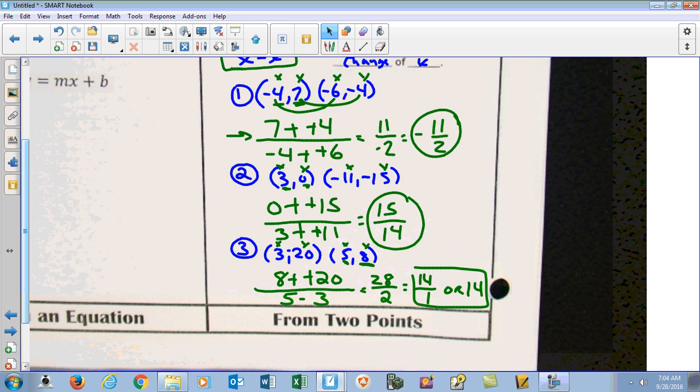Now, I did want to talk about one thing from yesterday because some questions came up when we were trying to find the slope from an equation, especially when they don't give you a really nice one. So in your homework, you had problems that looked like this.